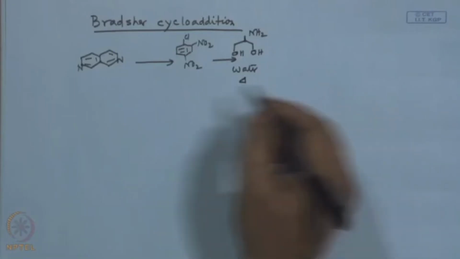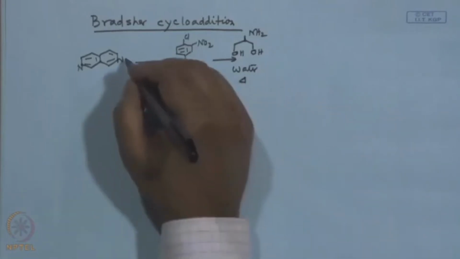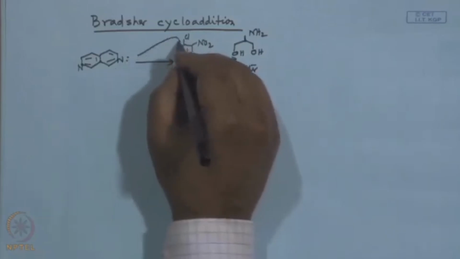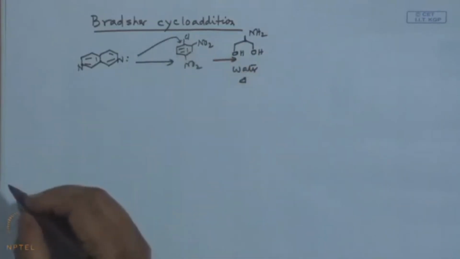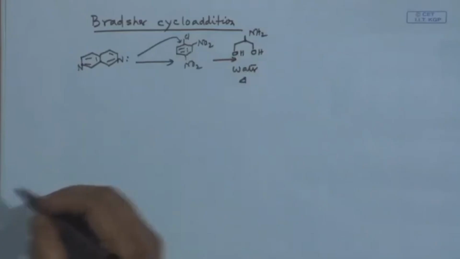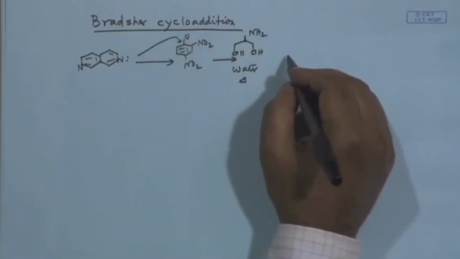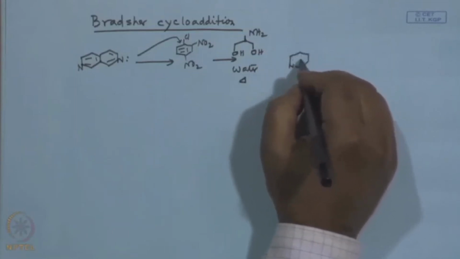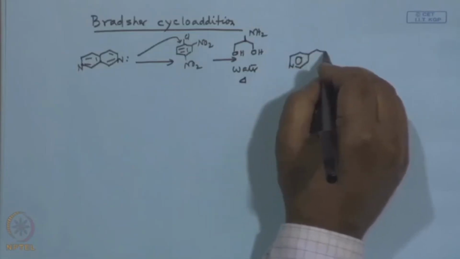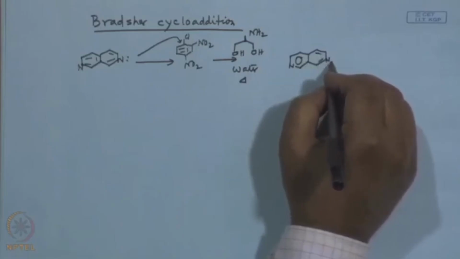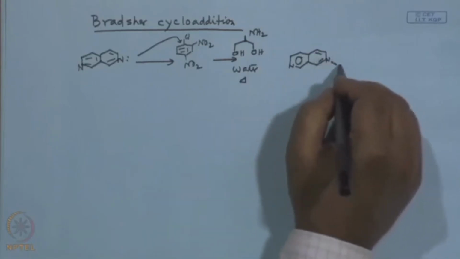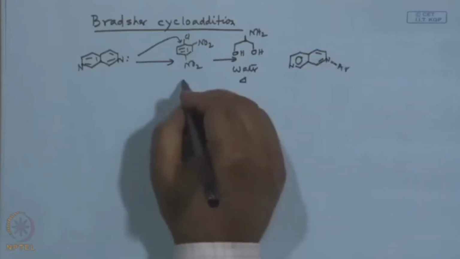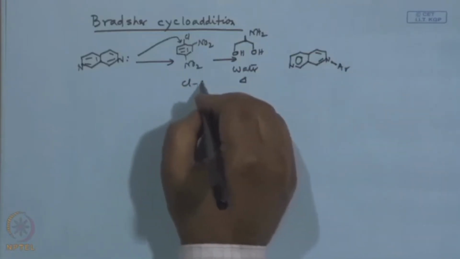What is happening here, I will just tell you: quaternization of nitrogen. We have seen that before, right, in the preparation of the Zincke salt. Once it is quaternized on one side, the other side remains as it is. So then what? Let us say this is chlorine and Ar.